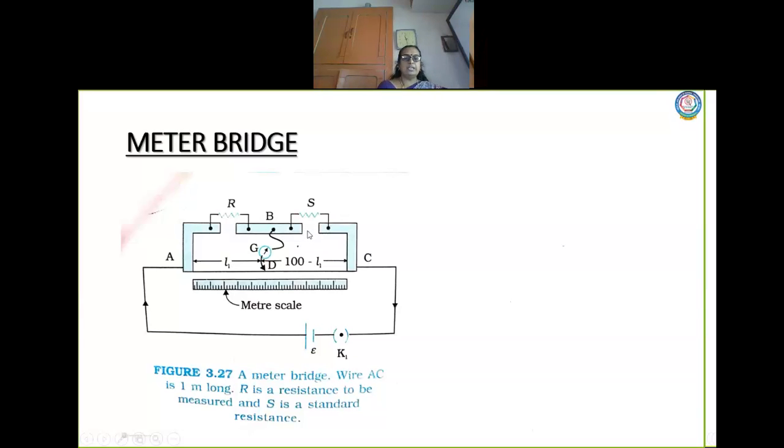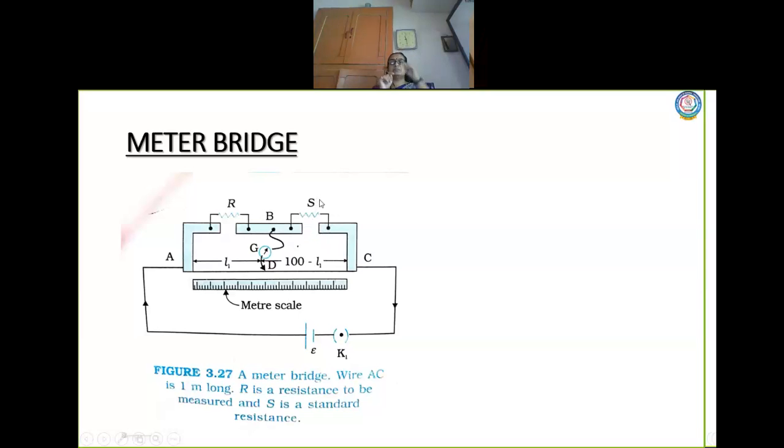Now here let me name this as gap G2. Okay. Now in between these gaps you connect a resistor which is considered to be an unknown resistor whose value you are going to determine. So that unknown resistance whose value you are going to determine is connected across this gap G1, and the known resistance, now here we can adjust this value of known resistance.